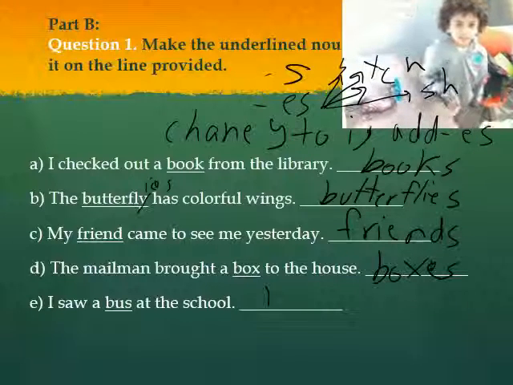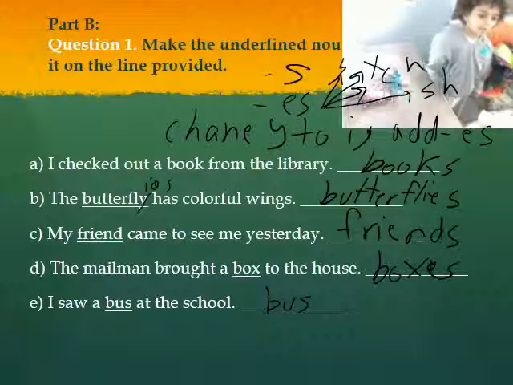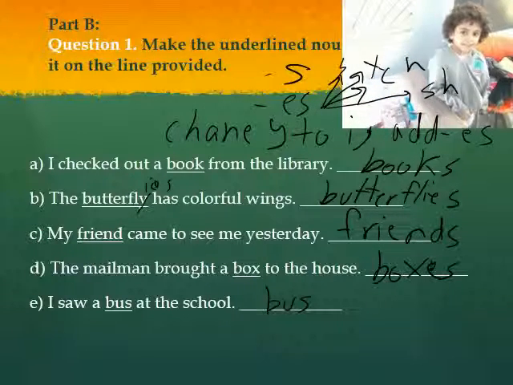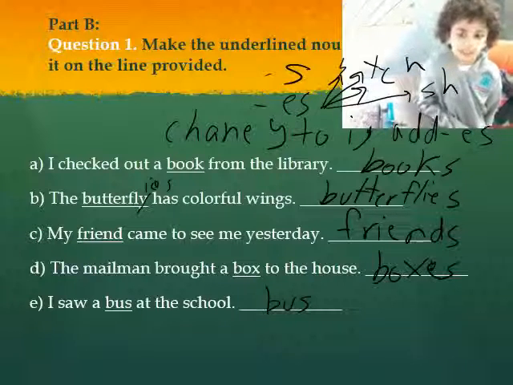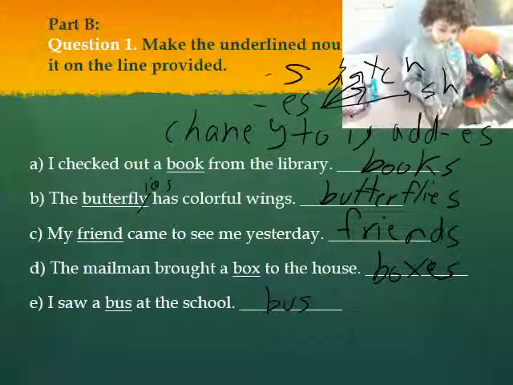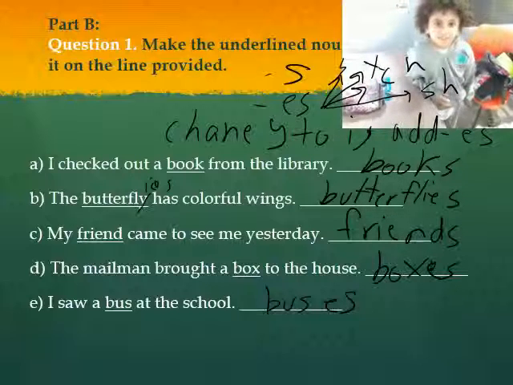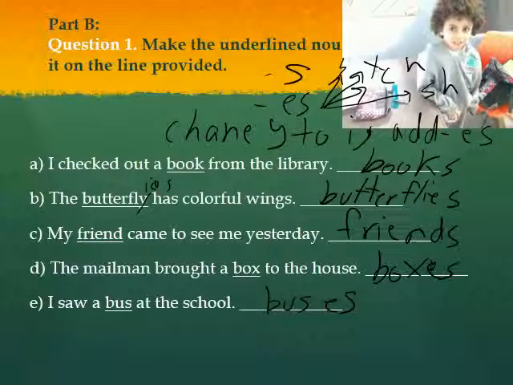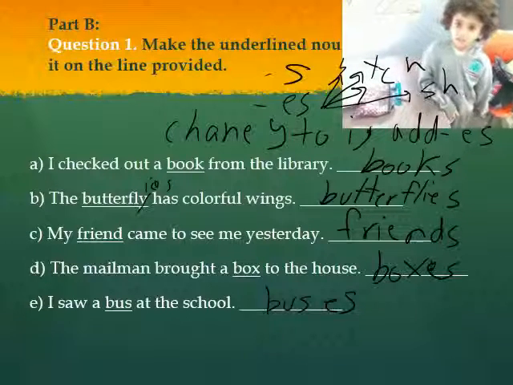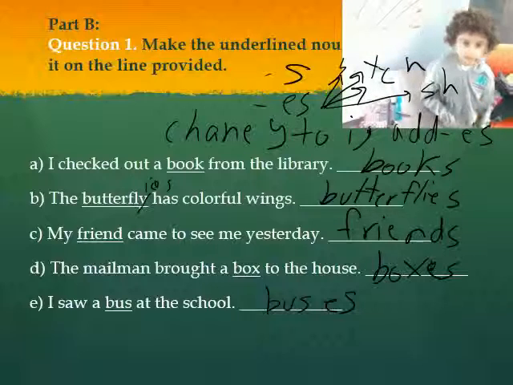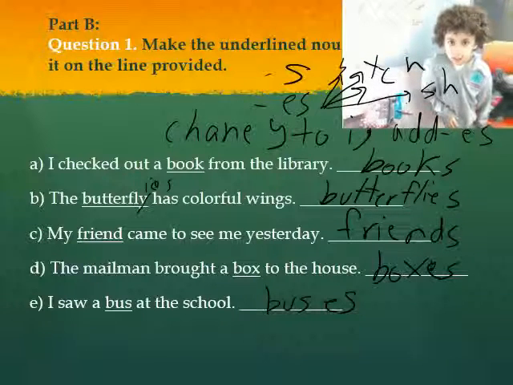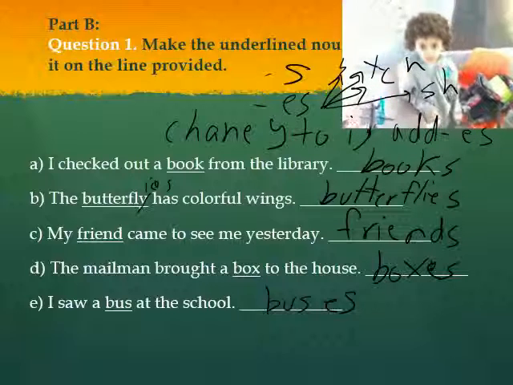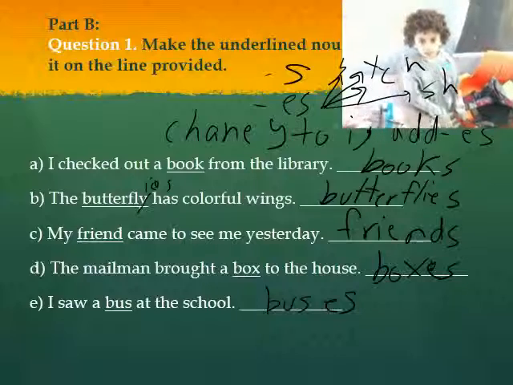We add S or ES? Yes. Why did we add ES? Because it ends with what? What's the last letter in bus? S. Okay? Because bus ends with the letter S, to change it to its plural form, we add ES.